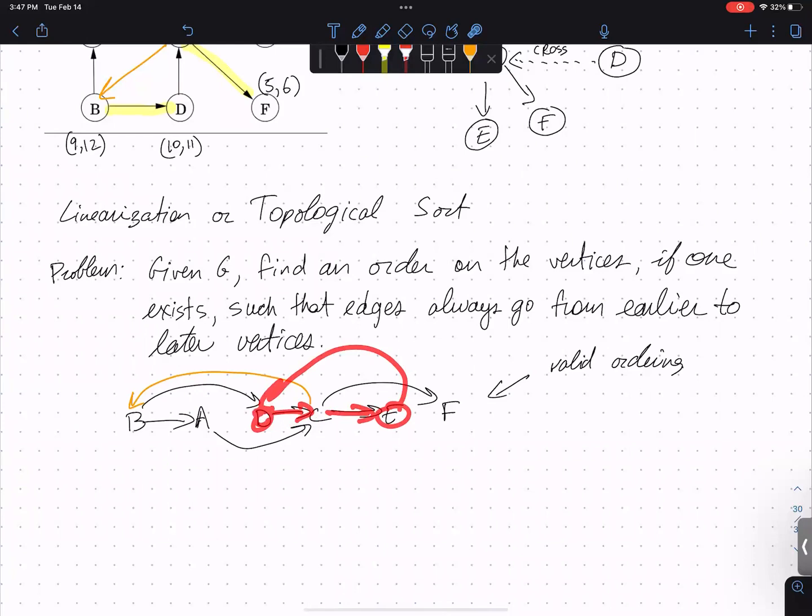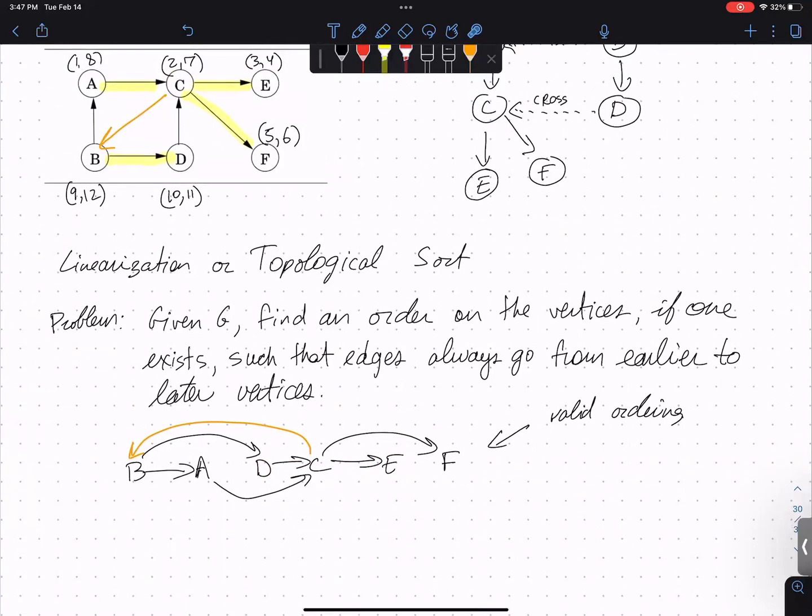That's the intuition for why, if you have a cycle, there's no way you can find an ordering. Intuitively also, think about a dependency graph. If you have a cycle in a dependency graph, like with the prerequisite chain, you can't graduate. There's no valid ordering of classes that you can take so that your prereqs will be satisfied.